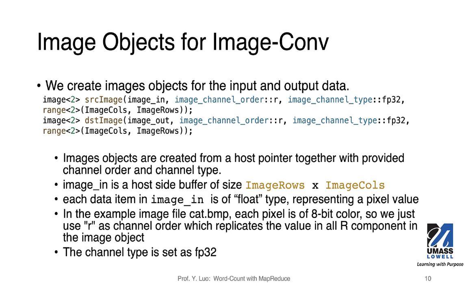We only use one channel, so all the other channels will be replicated using the same value if we specify R here. The channel type is set as floating point, so FP32. And finally, the last argument is the size of the image. We have a 2-dimensional range, and that specifies the columns and the rows of the image.